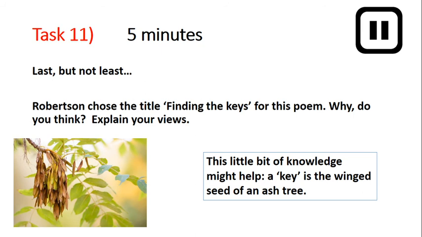If you look at the text box at the bottom right hand side, there's some additional knowledge that might help you here, because a key is another name for the winged seed of an ash tree. Okay, so you've got 5 minutes, think about it. There's no need again to use any quotations here. This is your own personal opinion, but try and get some explanations down. So pause the video and then resume in 5 minutes.